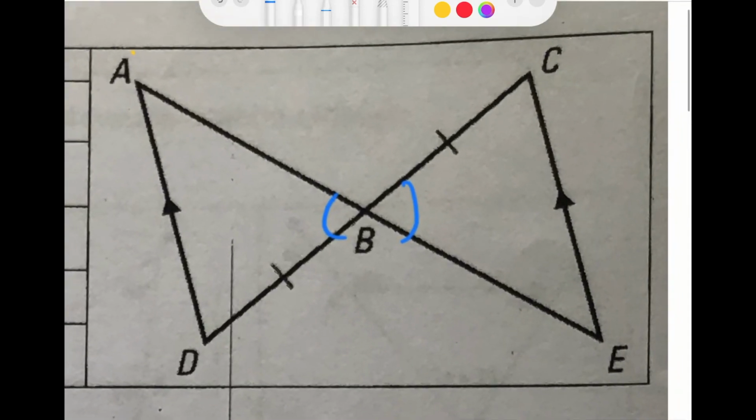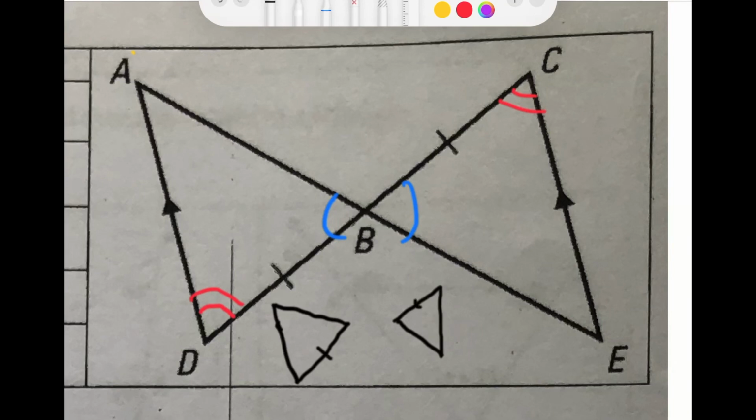So now that we have identified the two blue angles being congruent due to vertical angles, angle D and angle C being congruent due to alternate interior angles, the two triangles we are working with, if you separate them out, we've got this triangle as well.